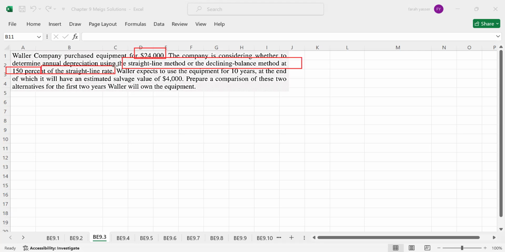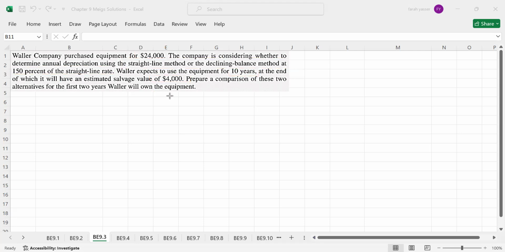This is the declining balance method. So we will first calculate the straight line rate, and then multiply it by 150%. The next data given: the life is 10 years, salvage value is 4,000, and what is required is the comparison of these two alternatives.